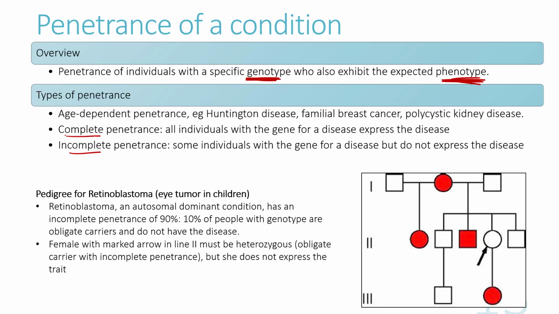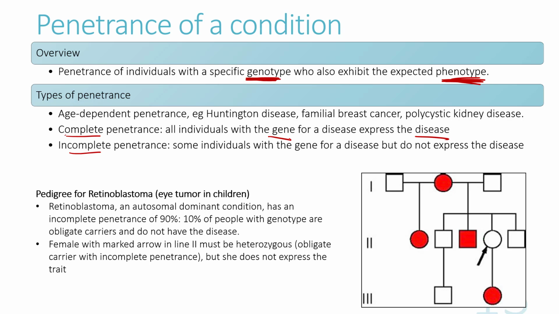A condition that has complete penetrance means that 100% of people with the affected genotype exhibit the phenotype, right? So all individuals with the gene express the disease. Incomplete penetrance means that only some people with the gene actually express the disorder, right?